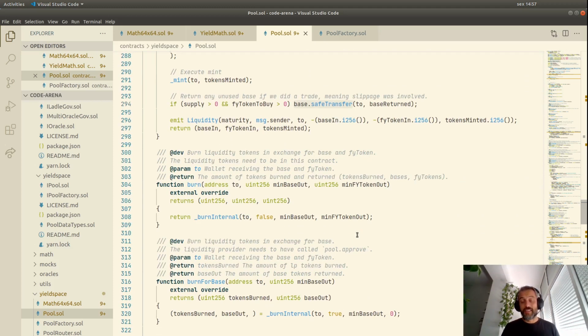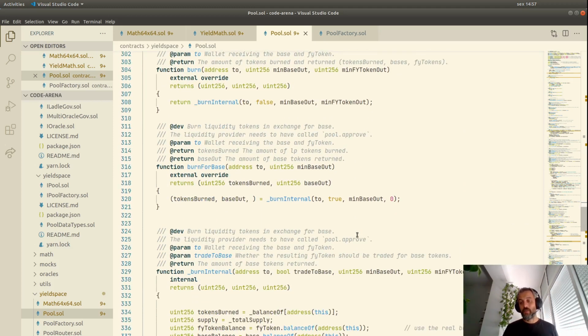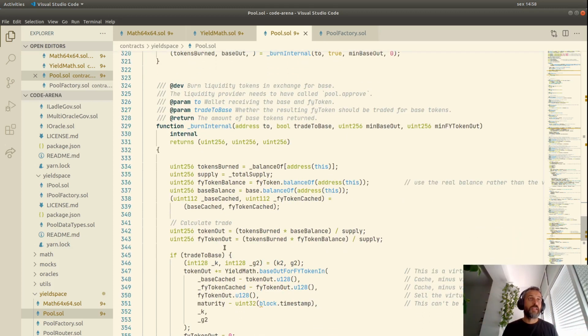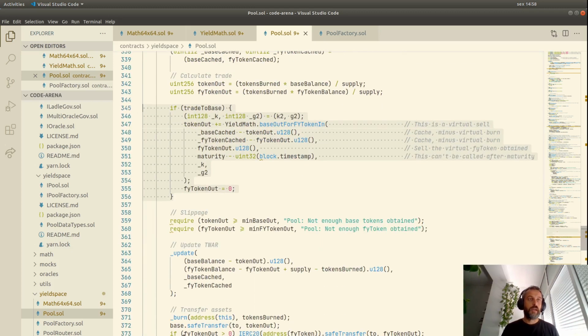Then for burning it is the same. When you burn, you would normally get FY token and underlying in the proportions of the pool, but that's not really what the liquidity providers do. In this case, it's a lot easier because we can just calculate how much the user will get when burning the liquidity tokens, and if the owner has asked to convert everything into underlying, well, we do a virtual trade and update the oracle, check the slippage as usual, and then transfer the assets.